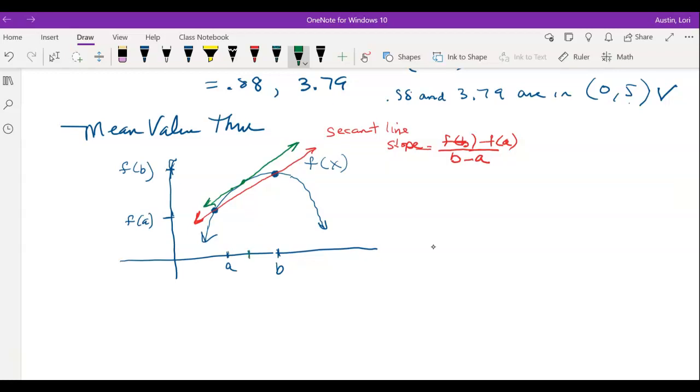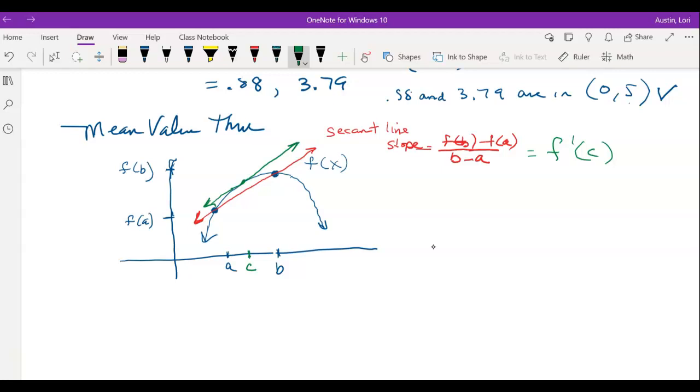So there's got to be some value c where f prime of c is the same as the slope of the secant line between a and b.